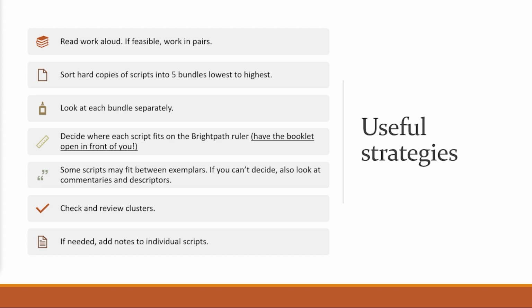You might also look at the commentaries and the descriptors, but don't feel too anxious about whether it should be a 300, a 310 or a 320. You're working at a very fine level of scale, and those scores are very close. We'd recommend you check and review in clusters, and there's a way that you can do that in the reports in the performance profile. And if needed, add notes to individual scripts.